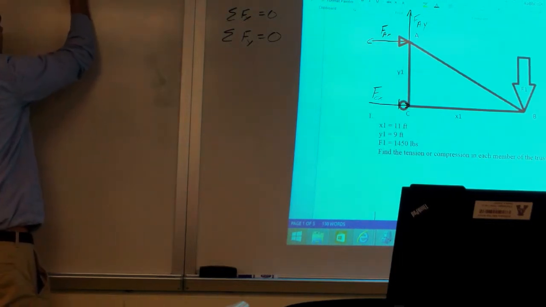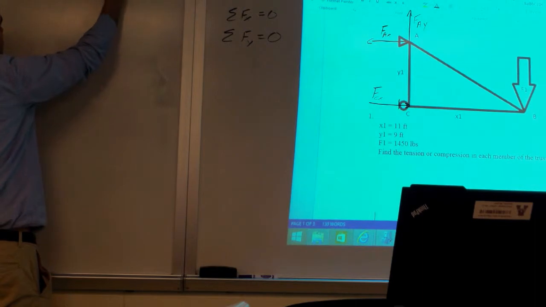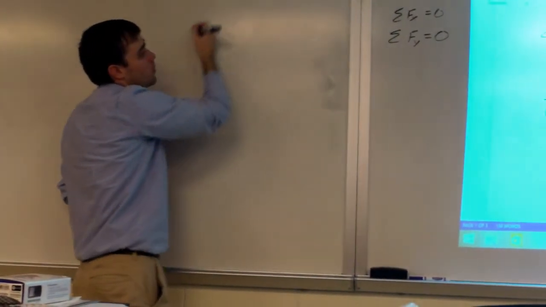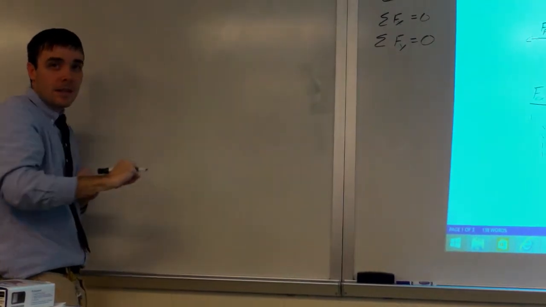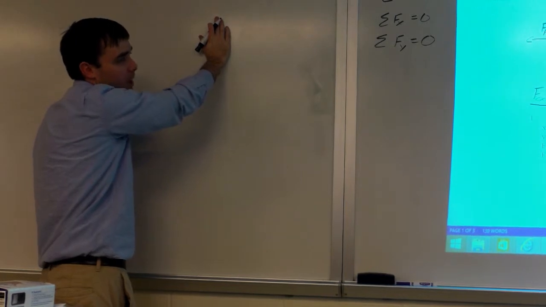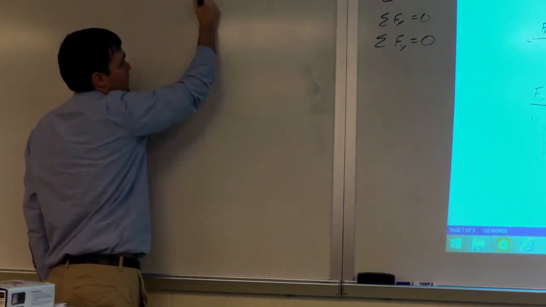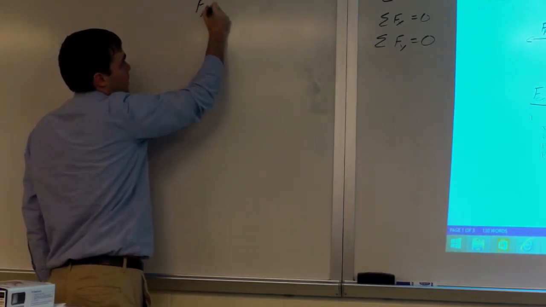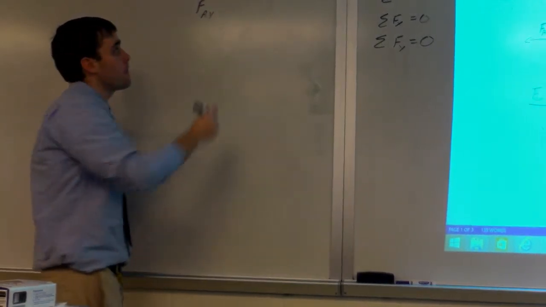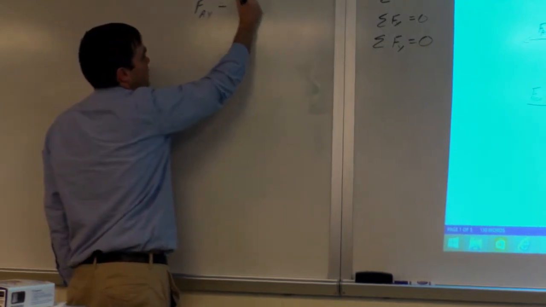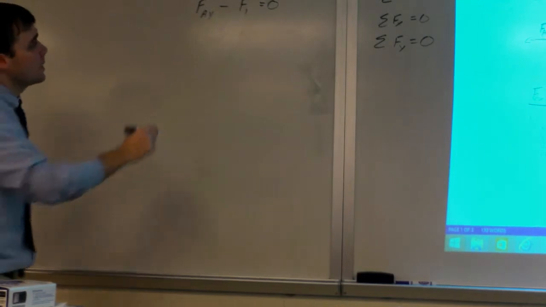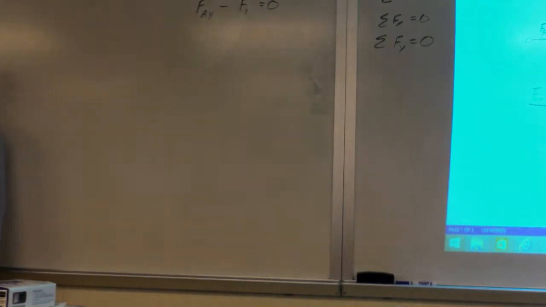So we're going to say the summation of all the forces in the y direction equals 0. Remember, up is positive, down is negative. Is FAY positive or negative? Positive. And F1? Negative, so minus F1 equals 0. Why is it minus F1?